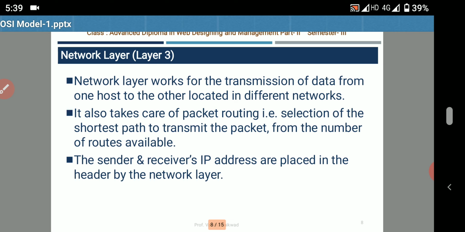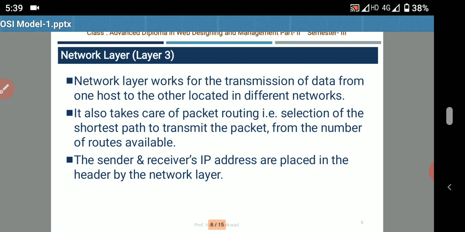It also takes care of packet routing, that is selection of the shortest path to transmit the packet from the number of routes available. It selects the shortest path to transmit the packet from the number of routes that are available in the routing table.